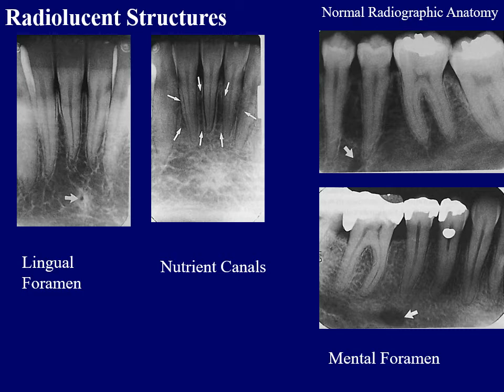The second image is nutrient canals. Nutrient canals carry a neurovascular bundle. They appear as radiolucent lines of fairly uniform width.